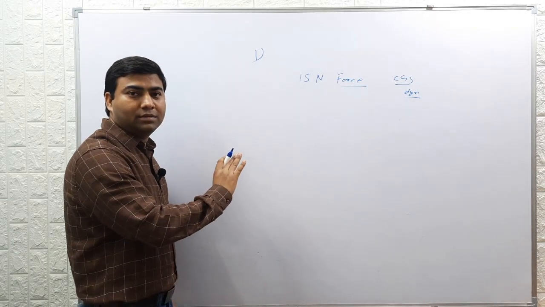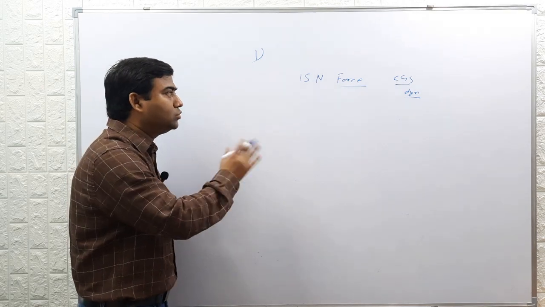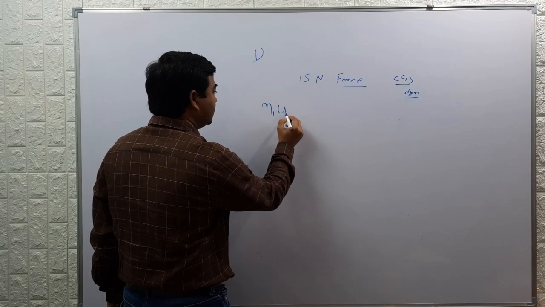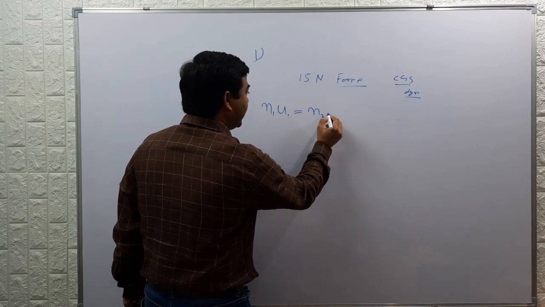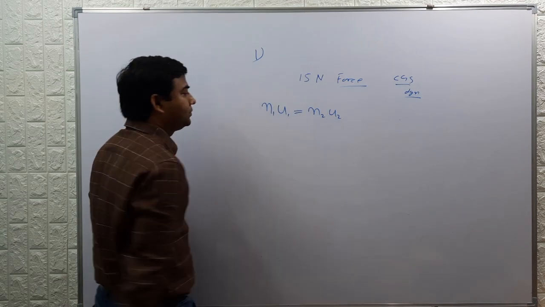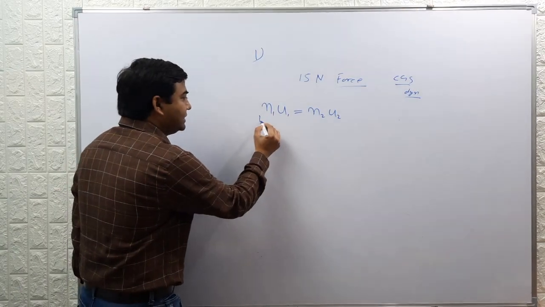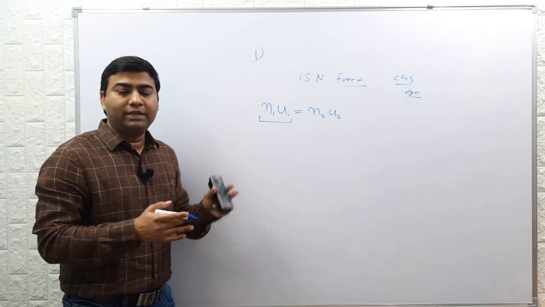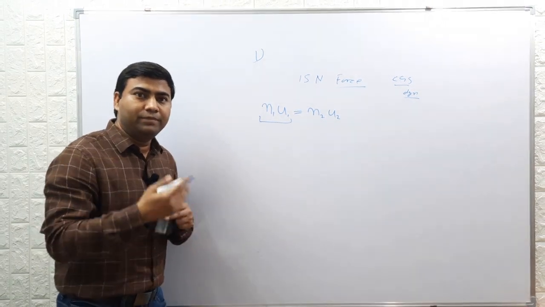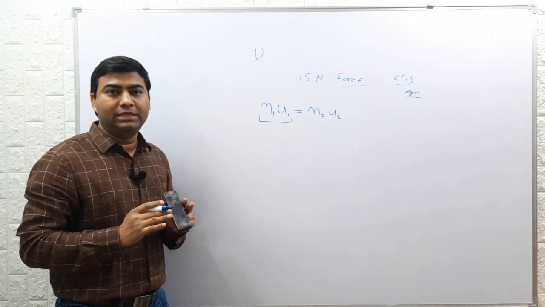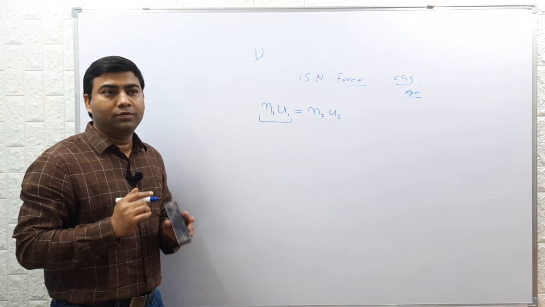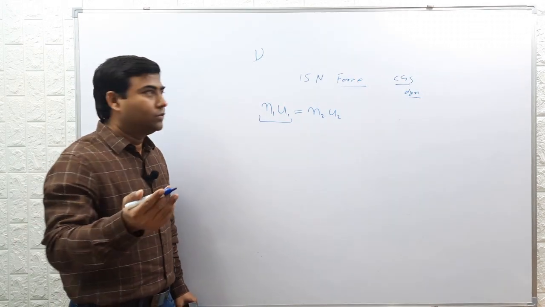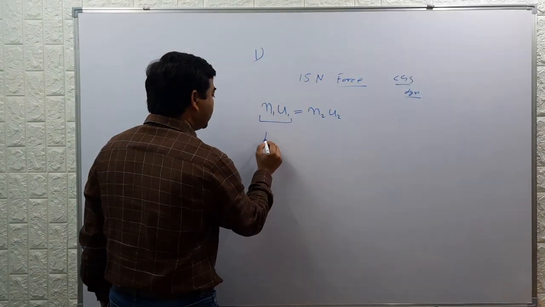The basic equation used to convert units by dimensional analysis is N1 U1 = N2 U2. When we represent a physical quantity, we have discussed earlier that its representation has two terms: one is the numerical value and second is the unit. For example, force 15 Newton.